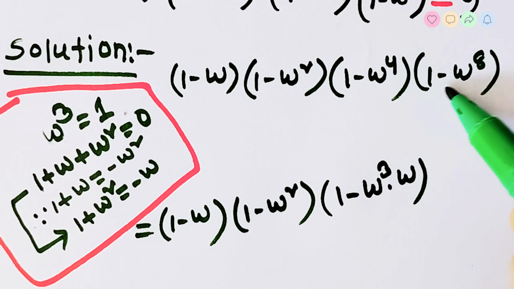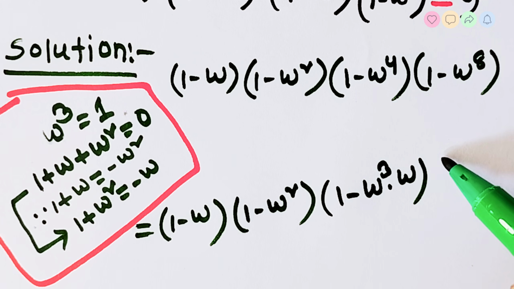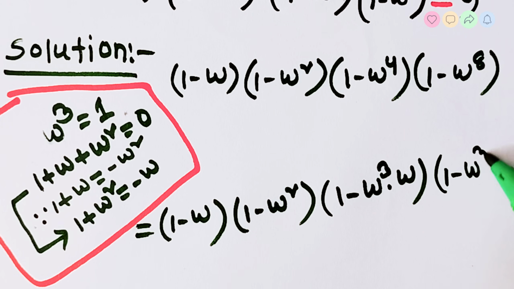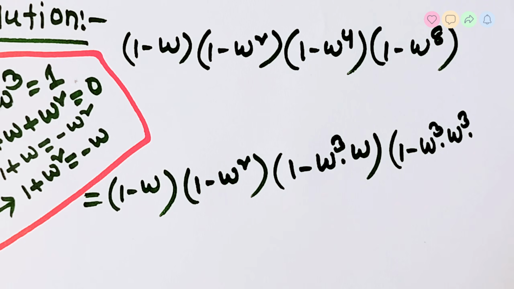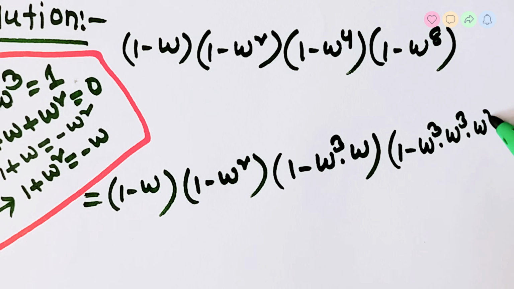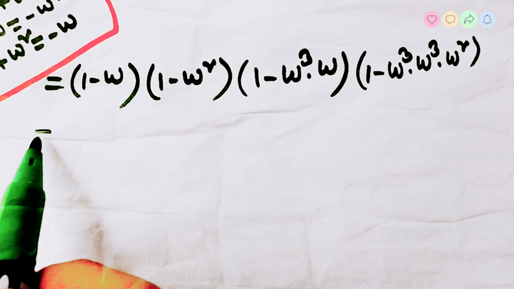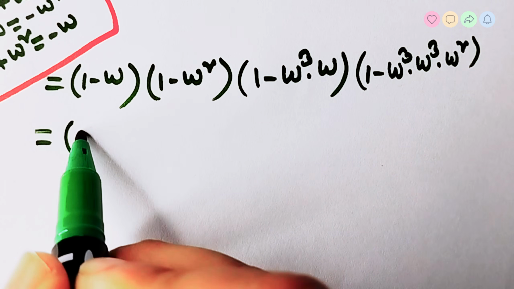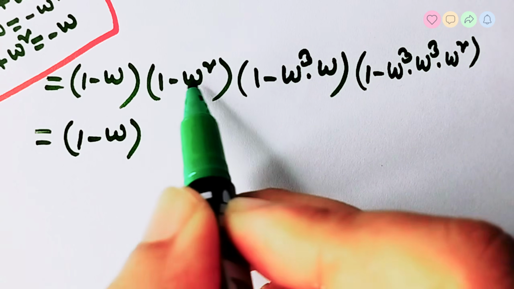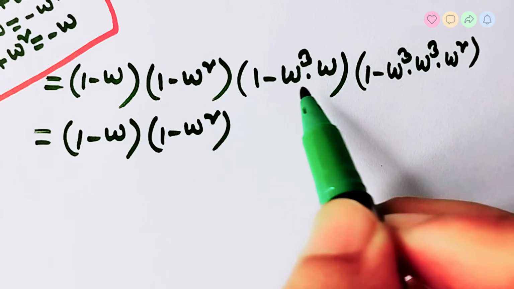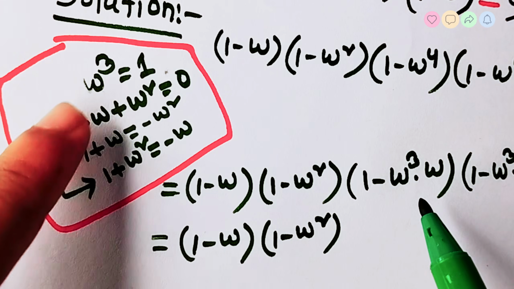Similarly, for 1 minus omega to the power 8, omega to the power 8 we can write as omega to the power cube, omega to the power cube, and omega square. Clear? Okay.